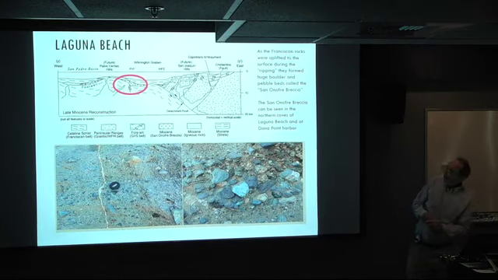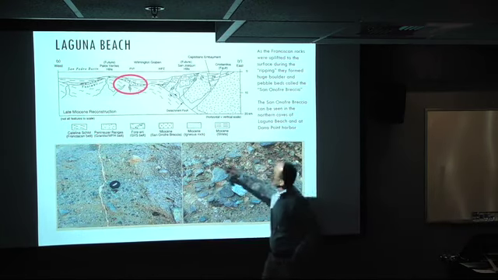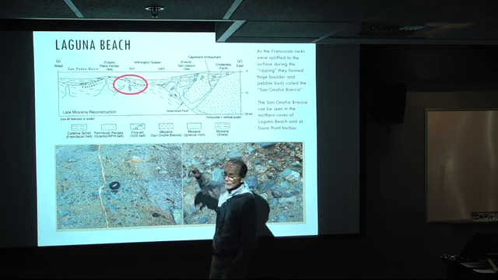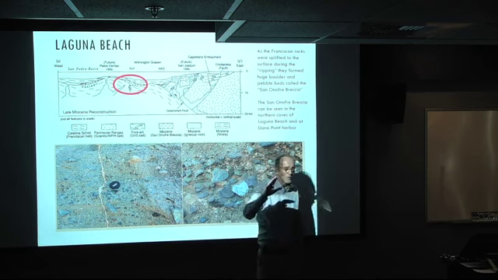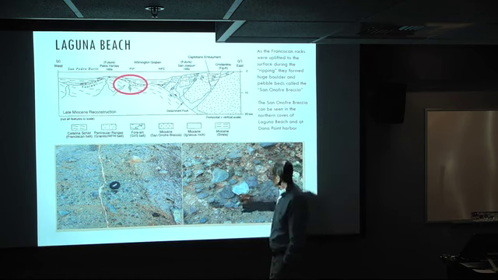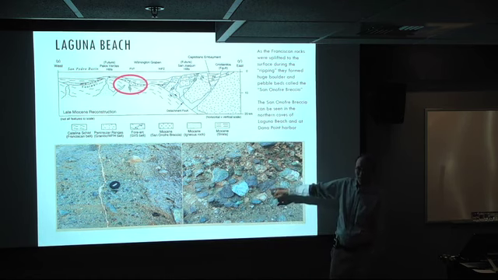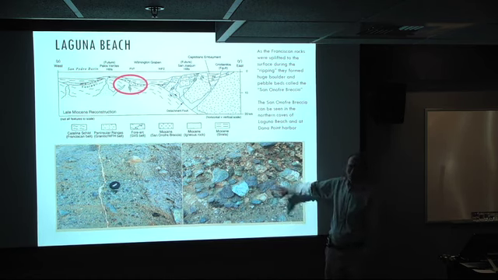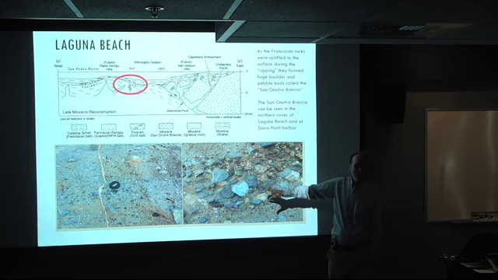So, at any rate, Crouch and Suppy said there's this weird rock unit that occurs along the coast here that we're going to look at. It's this rock right here. This is called the San Onofre breccia, and it's not completely, but it's largely composed of chunks of the Catalina schist.